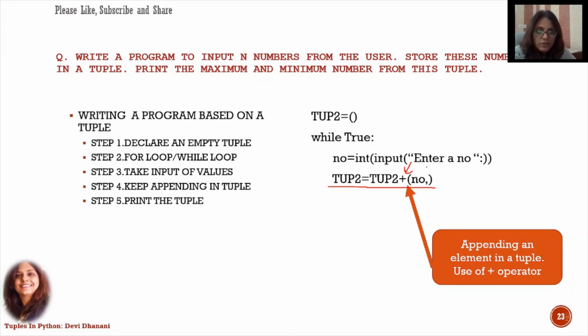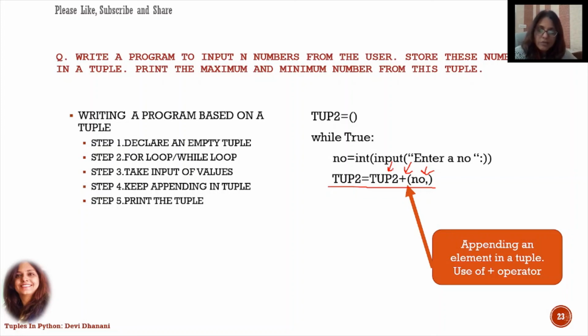An individual element of a tuple can be represented using the comma over here, and the empty tuple can be used to keep appending the values. So using the plus operator, if I put a number and then start concatenating the values using the plus operator, the values will keep on adding.